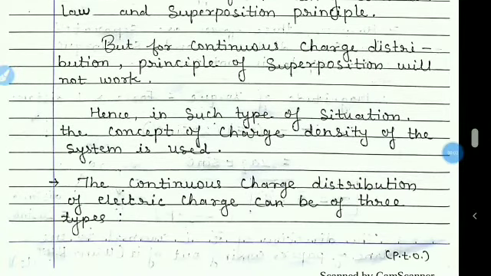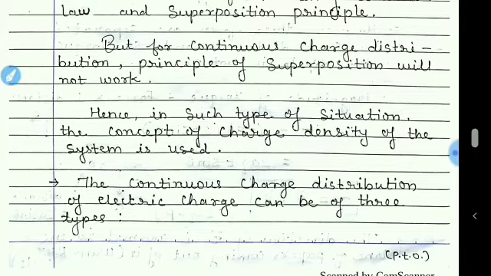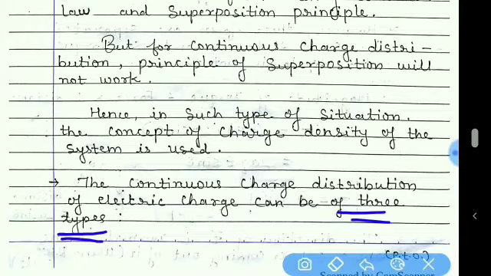So in such a situation we have to use the concept of charge density. Now these charges which are distributed continuously can be of three types. In three ways these charges can be distributed.